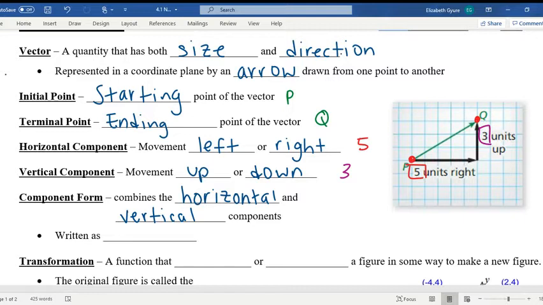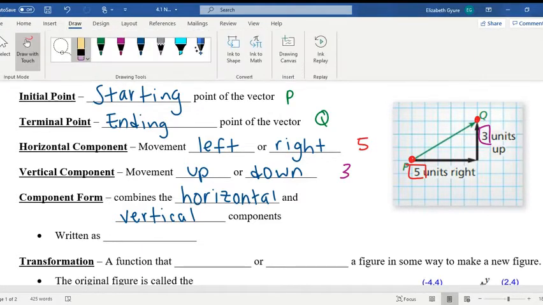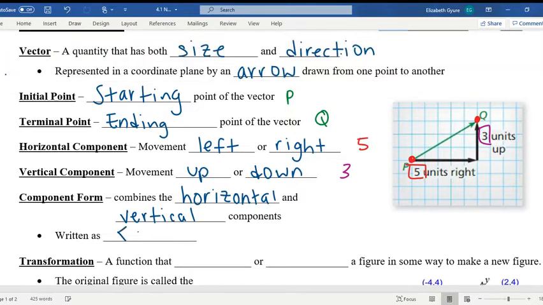It's written kind of like a coordinate point, except you don't use circular parentheses, you use pointy parentheses, like a little angle. So you write 5, 3, and then close it with another little angle on the other side.